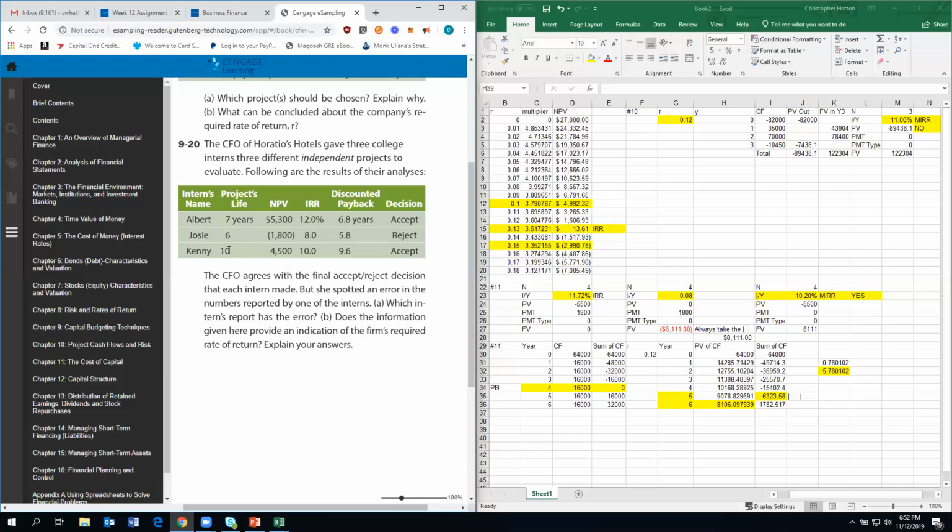But the discounted payback period she reports, 5.8 years, is less than 6 years. This is an error, because when net present value is less than 0, the discounted payback period is always going to be greater than the project's life, which means the discounted payback period is an error that she reported. So this should be above 6.